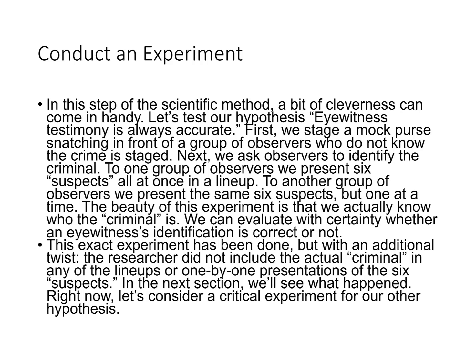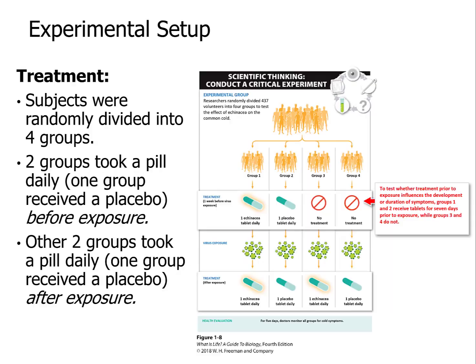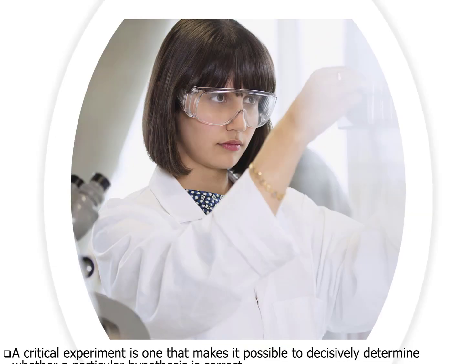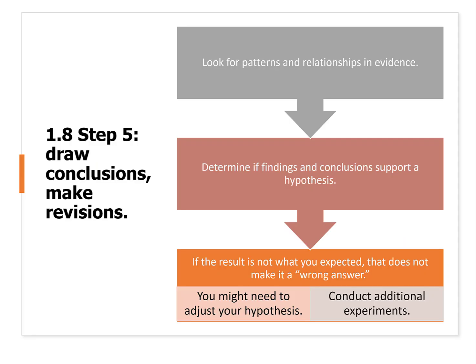They know that when people say, "Oh, that was definitely the person that committed that crime," a lot of times it turns out to be wrong, and they've conducted experiments on that. So the experiments are critical, and they show what might happen.